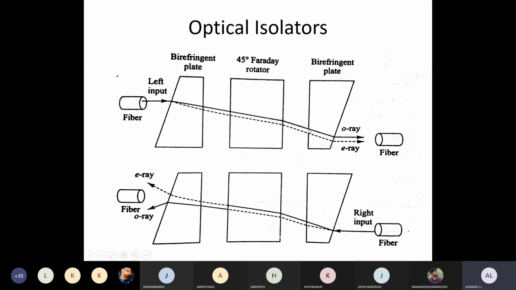Once the 45-degree rotation has happened, the birefringent plate has already split the signal. There is no further splitting that will happen. That is why, the last time, it is not going to split anything. But when you see this from right to left in the bottom figure, once the wave is incident, it gets split. Once it is split, you can see that after the Faraday rotator, the phase of the Faraday rotator is rotated.